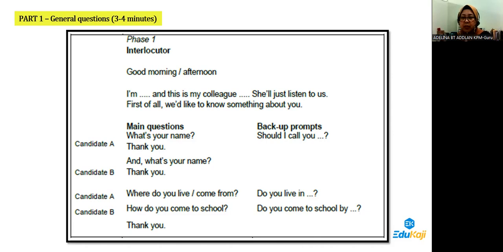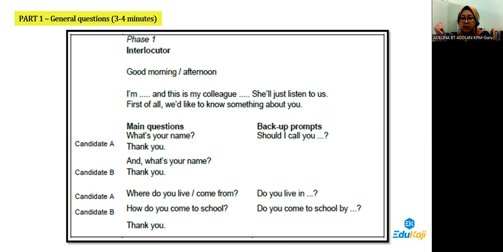For example, what is your name? Okay, my name is Adelina binti Adlan, but teacher can call me Ed, or you can call me Ed. So basically, the interlocutor will be using the name that you want us to call you throughout the session. Okay, so throughout the session, the teacher will be referring to me as Ed.